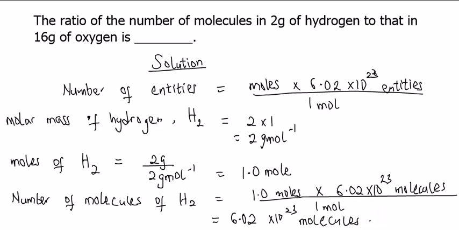So with this, we can say that in 2 grams of hydrogen, we have 6.02 times 10 raised to the power 23 molecules present in it.